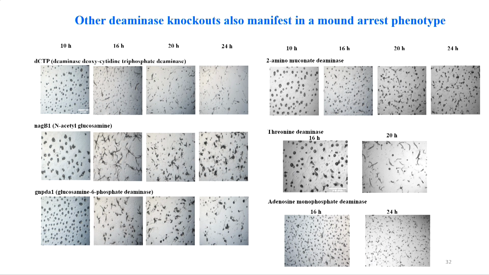These are knockouts involved in other deaminases, so they should also generate ammonia. If you have a knockout here, they also manifest mound arrest, but the mound arrest phenotype is not as pronounced as in ADGF, the extracellular one. They show a partial mound arrest.